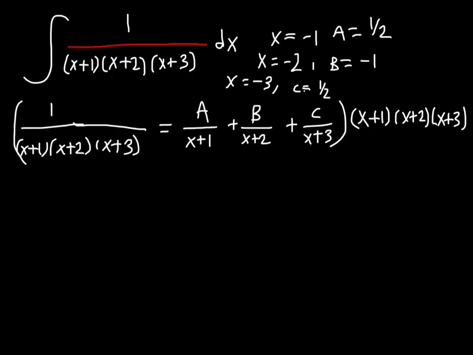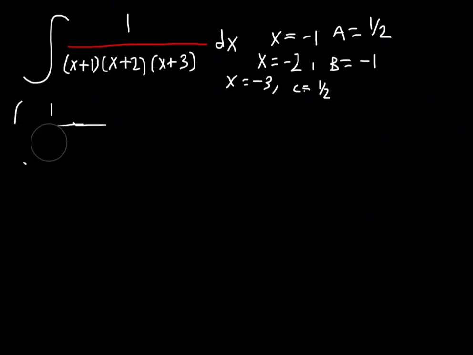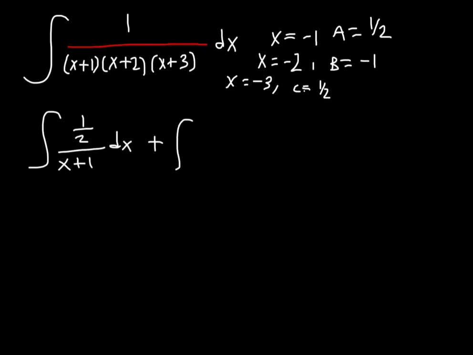Now that we know the values for the numerator, we can simply integrate them in this form. I'm going to need more space for that. So the integral of 1/2 over x plus 1 dx, plus the integral of -1 over x plus 2 dx, plus the integral of 1/2 over x plus 3 dx.